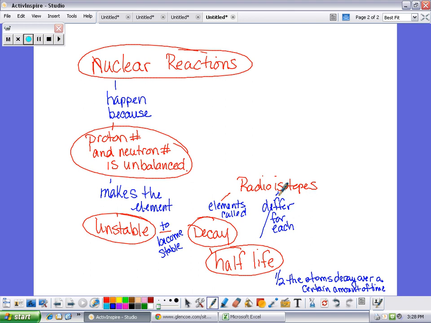So if we start with 100, its half-life is what it will be to take it to get to 50. It may be 100 years. Another element, so element A would be 100 years. Element B may be 1,000 years to get to 50. Each element is unique in its own half-life of what it takes to get there.